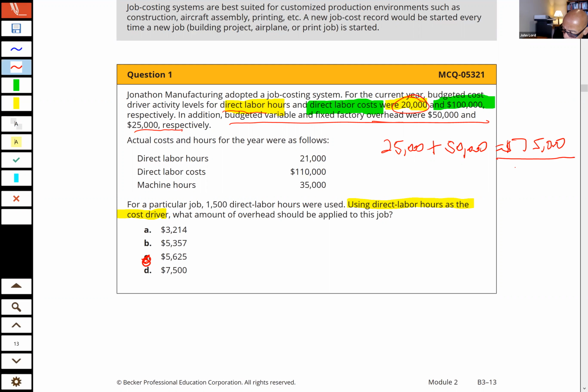That's the predetermined estimate of the driver. So 75,000 divided by 20,000 gives me 3.75 per direct labor hour.